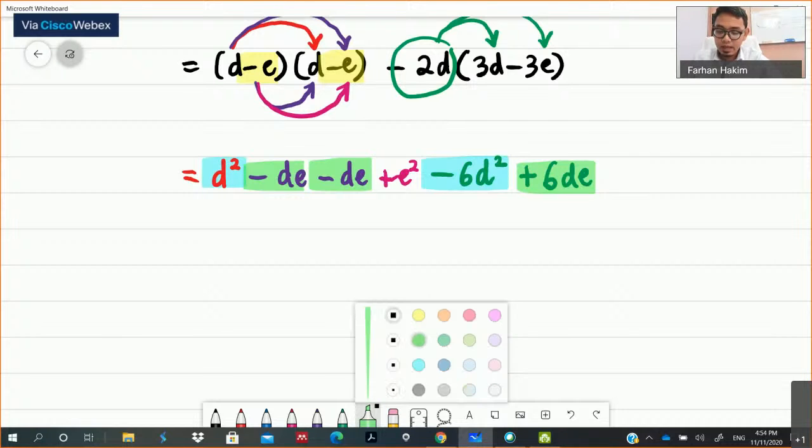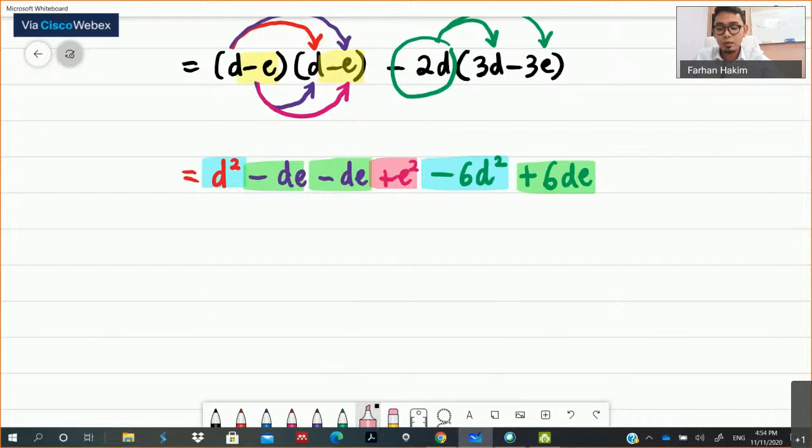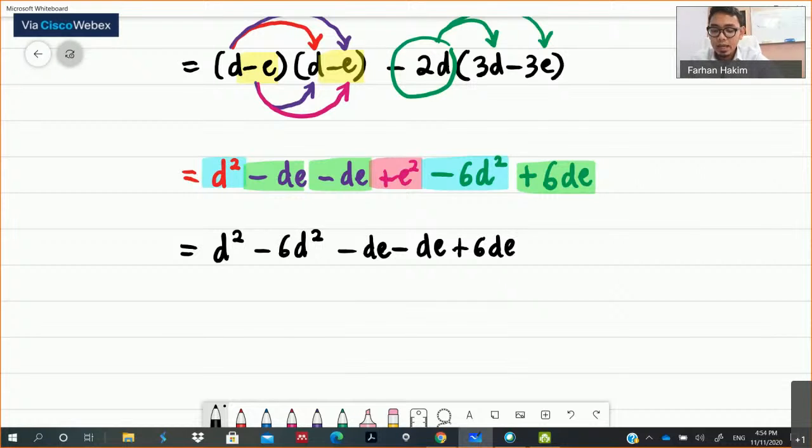Yang tak ada gang ialah positive E square, seorang-seorang dia. Alright, so now saya susun dulu yang warna biru, highlighter biru, minus 6D square. Now negative DE minus DE and then plus 6DE, and finally we have positive E square.